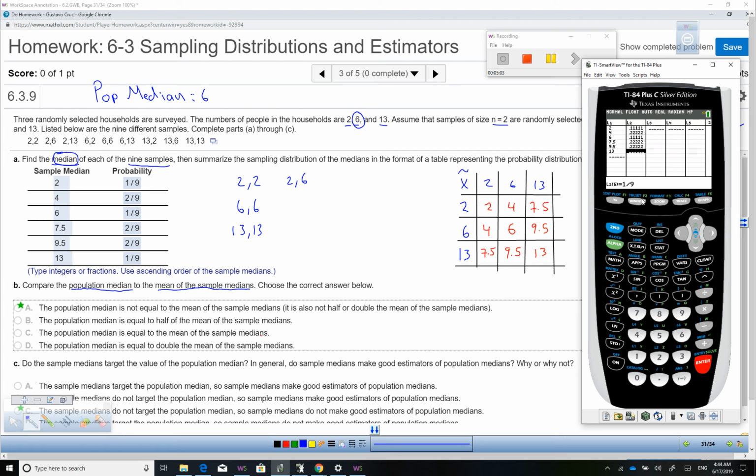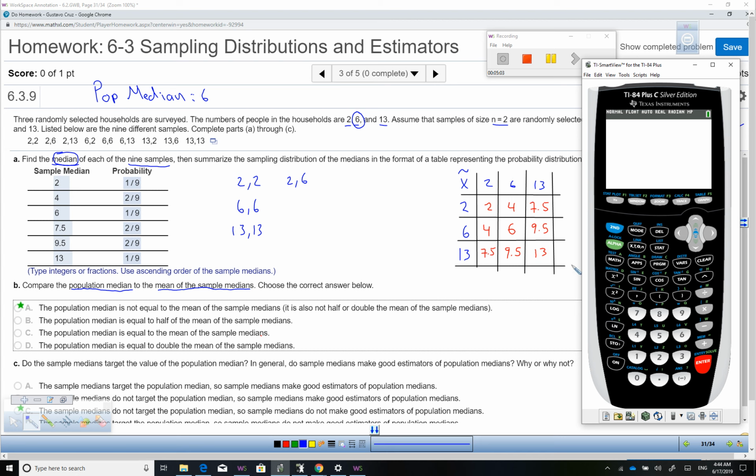Once we set up this table, we go to Stat, again, Calculate, number 1, and make sure you type the frequency column here. Then we go to Calculate, Enter, and you will see this is the mean of the sample median.